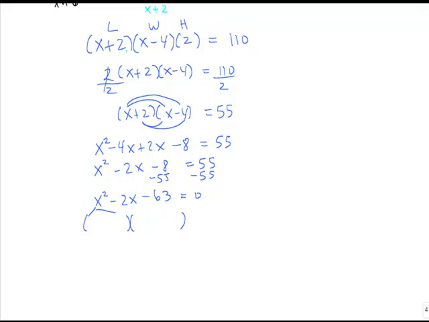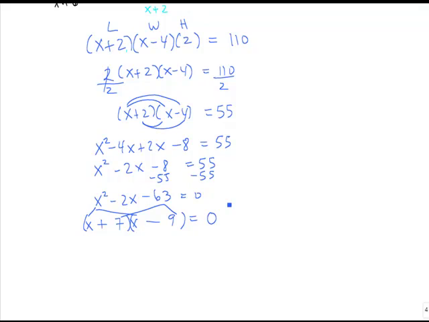I only need x's in the front to get x squared, and then I need 2 numbers that multiply to negative 63 and at the same time add to negative 2. Well, 7 times 9 is 63. If I make the bigger number 9 negative and the 7 plus, then plus 7 minus 9 is negative 2. So that'll factor correctly.